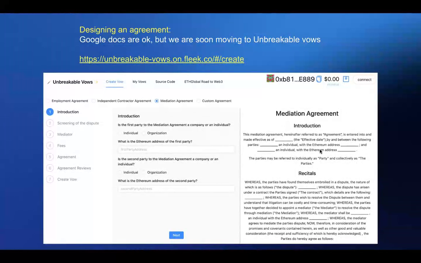In this mediation agreement, we could also even have a collateral for disputes. So this would add a lot of frameworks and tools to improve how the mediation goes.